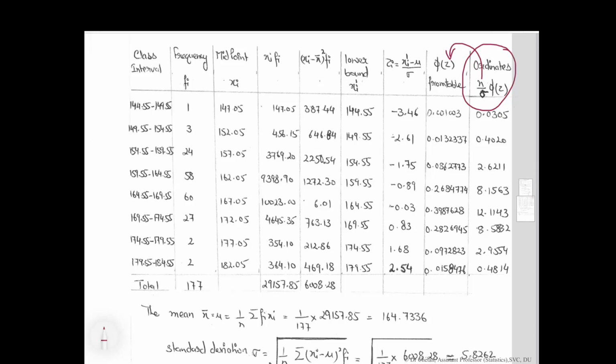Then we can calculate the ordinates corresponding to the different values of small phi of z. For this particular class interval, the small phi of z is given by this quantity, and multiplying it with n by sigma, we will get this. Similarly, we can calculate for the others also. This will be the desired result.